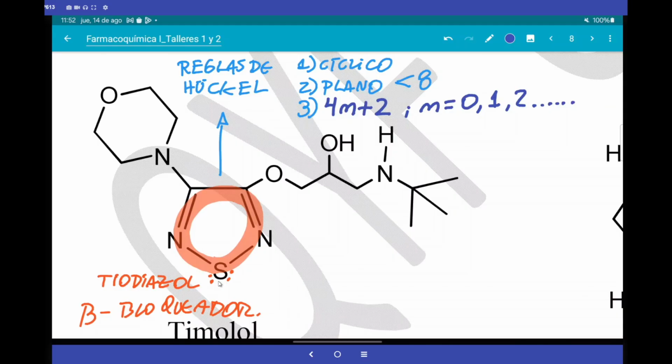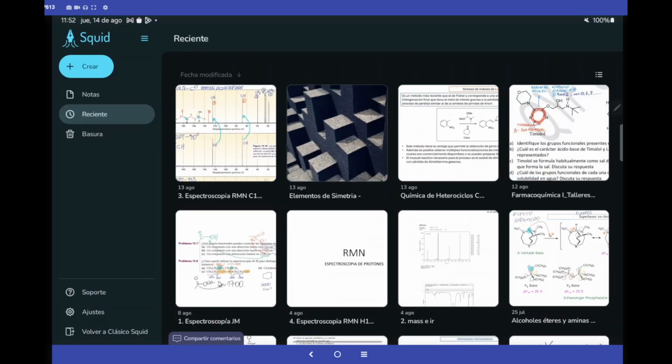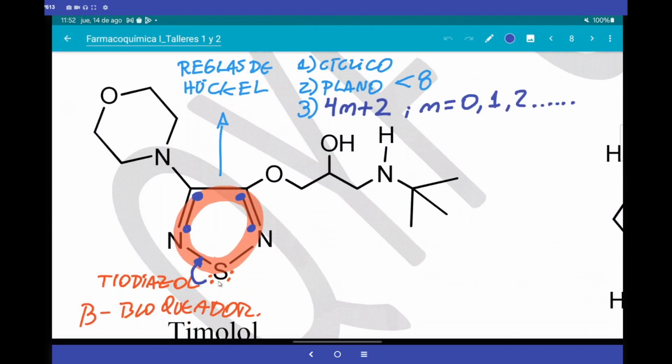linked together. So in this ring, if you count, we would have 2 here, 2 here, and only one electronic pair of the sulfur participates.